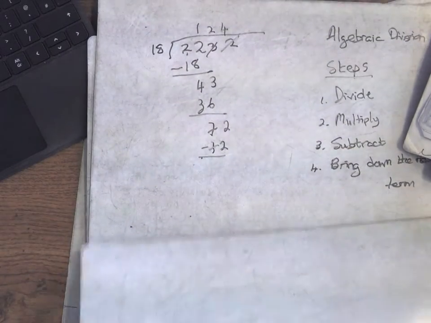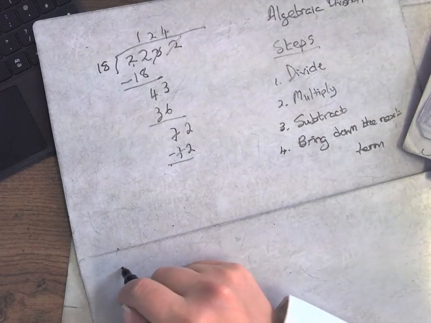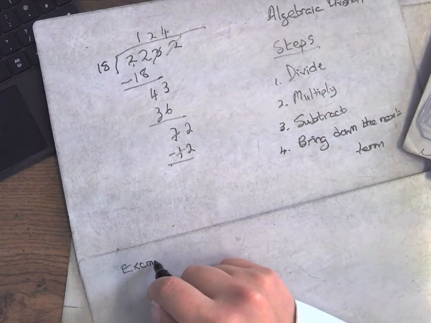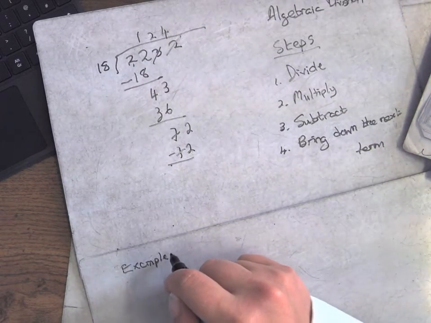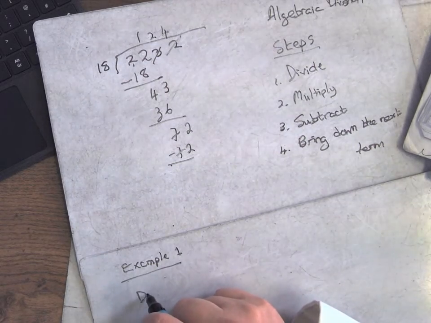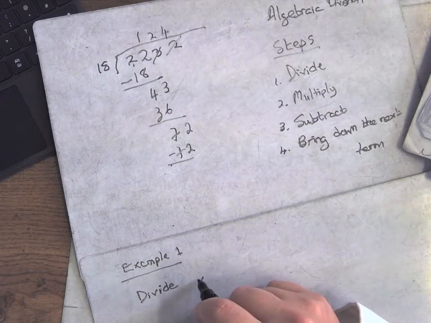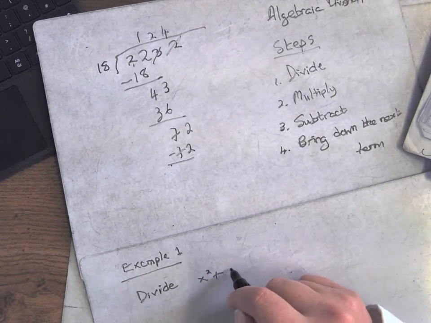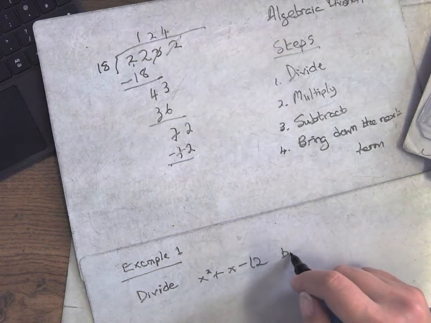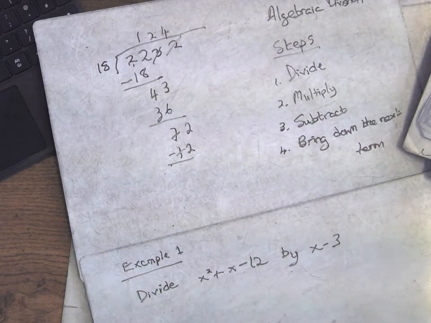So this is an example from algebra. Example 1. Divide x squared plus x minus 12 by x minus 3. Is that okay?